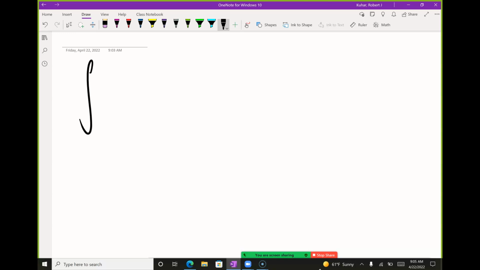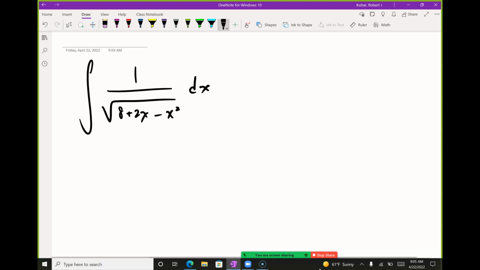Yeah, you did. Nice. So here it is. I have the integral of 1 over the square root of 8 plus 2x minus x squared, all with respect to x. That's that dx. It means I'm integrating with respect to x. So you can see here, I clearly don't have an inside, and I clearly don't have a downstairs.